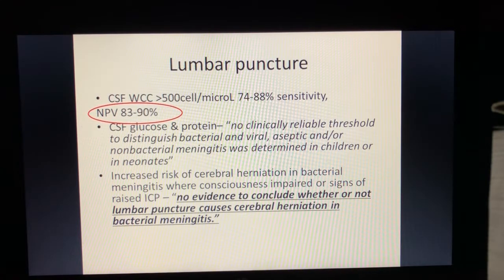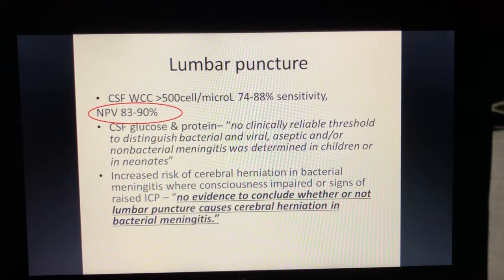We often worry about the risk of cerebral herniation and whether this could be made worse or caused by lumbar puncture. Well, the problem is that there's already an increased risk of cerebral herniation in bacterial meningitis, especially if there's significantly impaired consciousness or other signs of raised intracranial pressure.